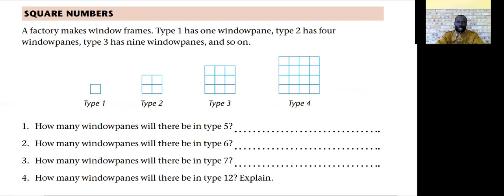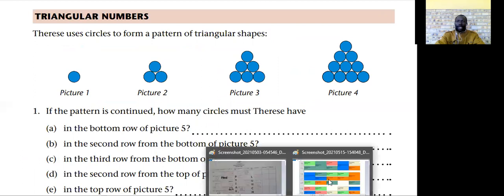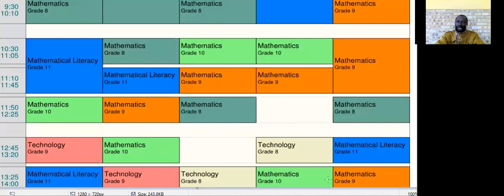You will have finished square numbers. You will now be going to triangular numbers. And when you are done with the triangular numbers, you will be having a break. Then after that break, you will move on to the next lesson, which starts at 10:30.